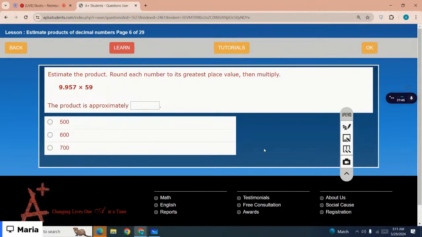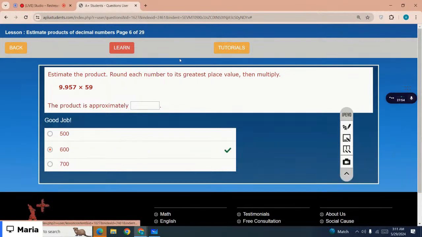The correct option is 600. 59 is rounded off to 60, and 60 times 10 is 600. Okay, you can complete the lesson by yourself later today. Let's just move on to the next lesson.